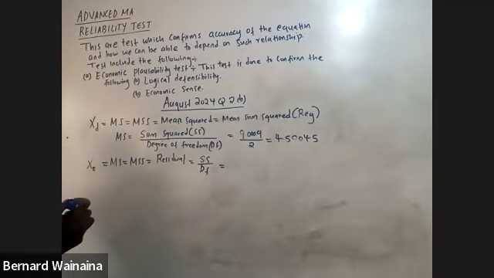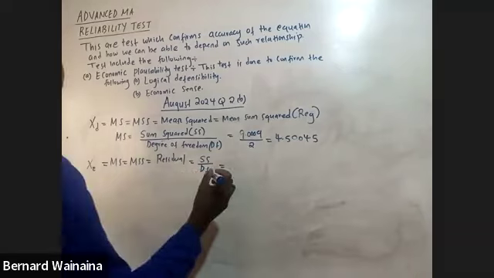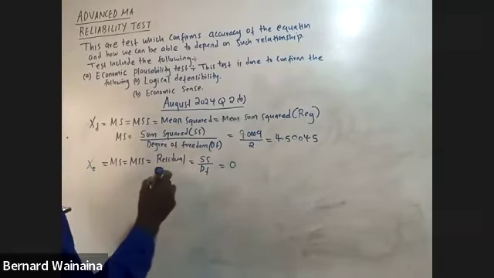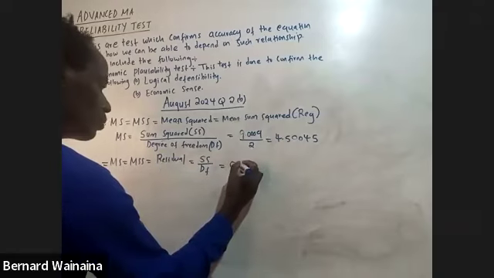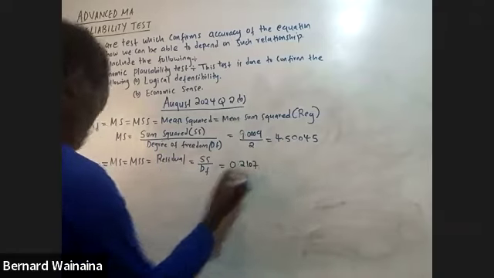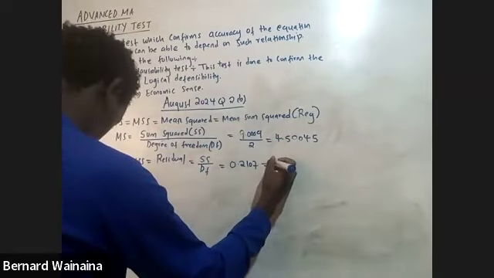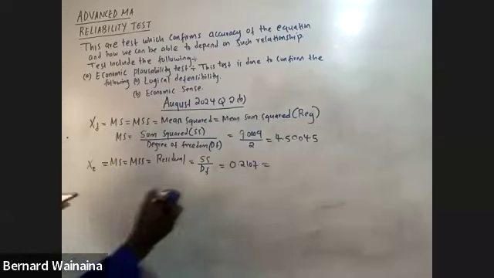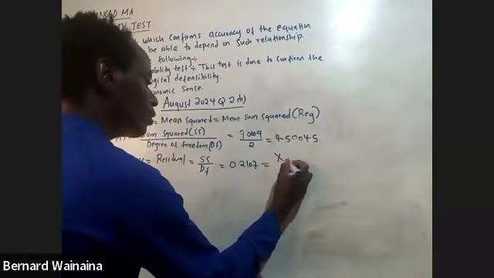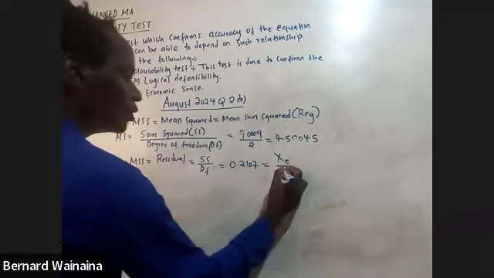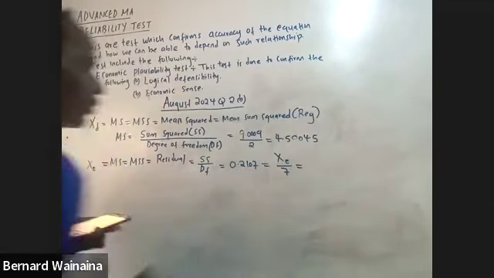Now, in this case, they have given us the degree of freedom and they have given us the MS, 20.2107, which must be equal to XE, which we don't know, divided by the degree of freedom, which is 7.